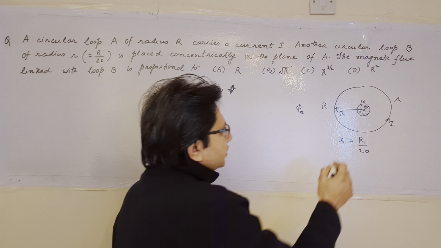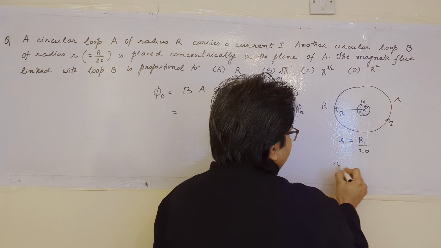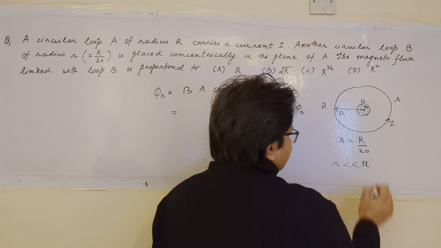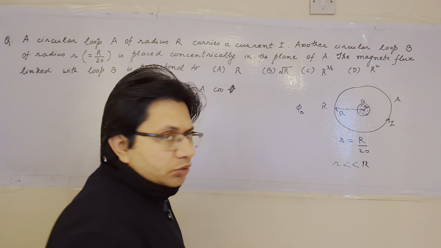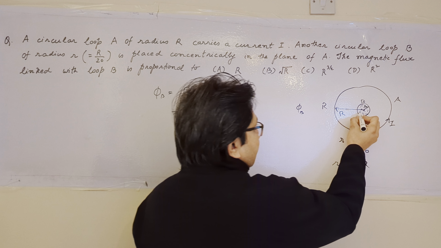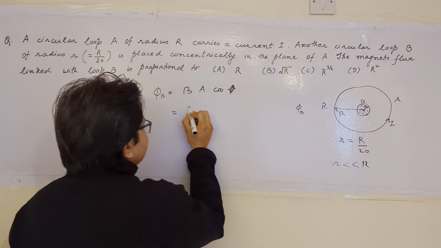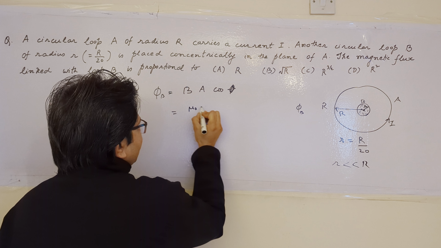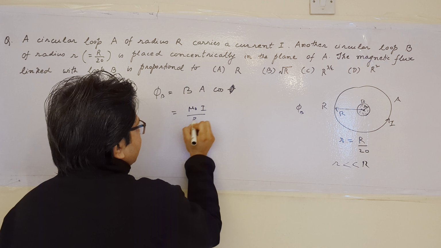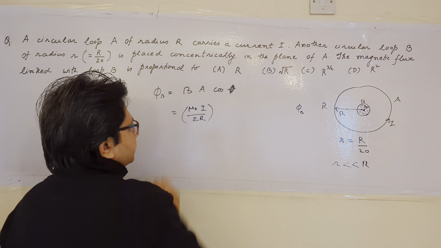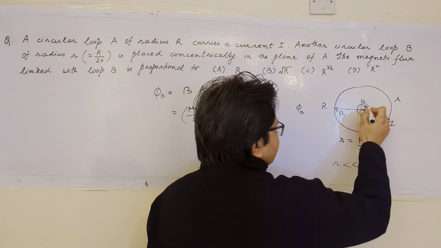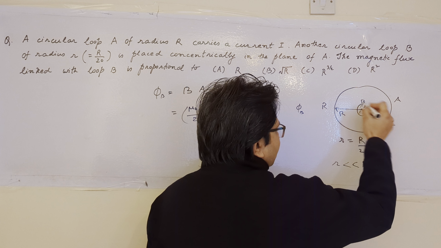The reason is the radius of the inner loop is very small compared to the radius of the outer loop. So we can say that at the center, the magnetic field is basically mu naught I upon 2R, because this is a very small radius.